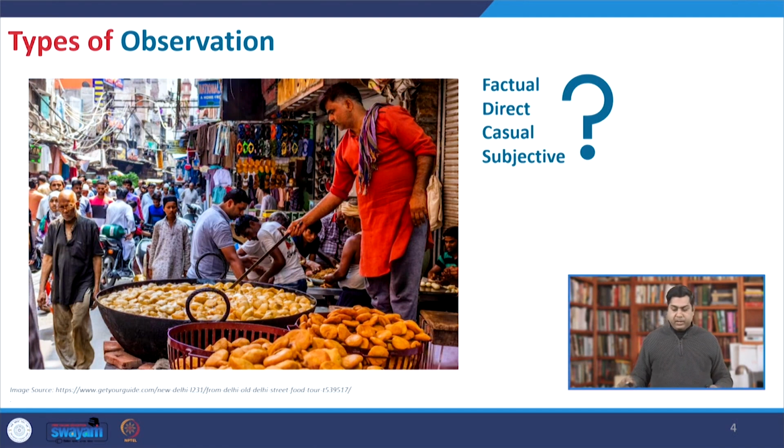It may be a factual observation, where within this photograph I just want to count the number of people in that limited road width which I know. So, I can count how many persons are there within this space, and try to calculate some kind of pedestrian density.